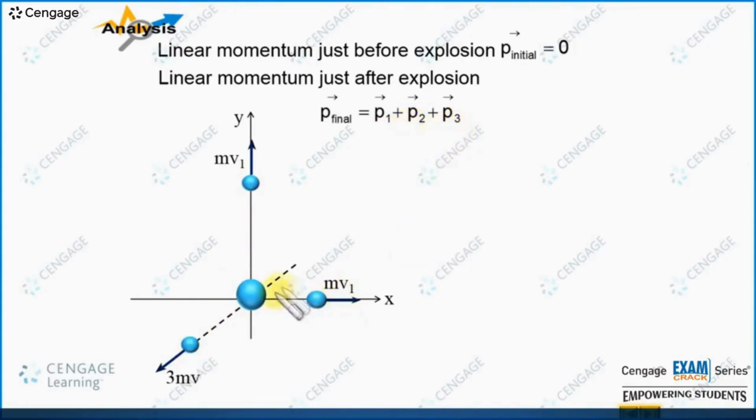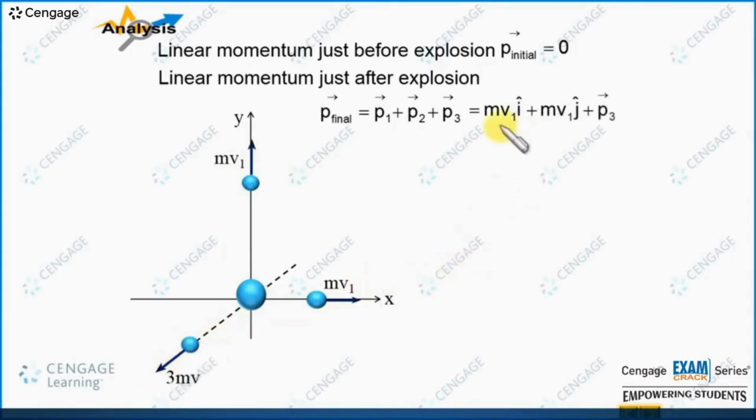We know the first part, which is moving along the x direction, has linear momentum of magnitude m v1, so the unit vector for this linear momentum is i cap. For the part moving along the y direction, the magnitude of the linear momentum is m v1 and the unit vector in this direction is j cap, and we don't know in which direction the third particle is moving, so let us take it as unknown.